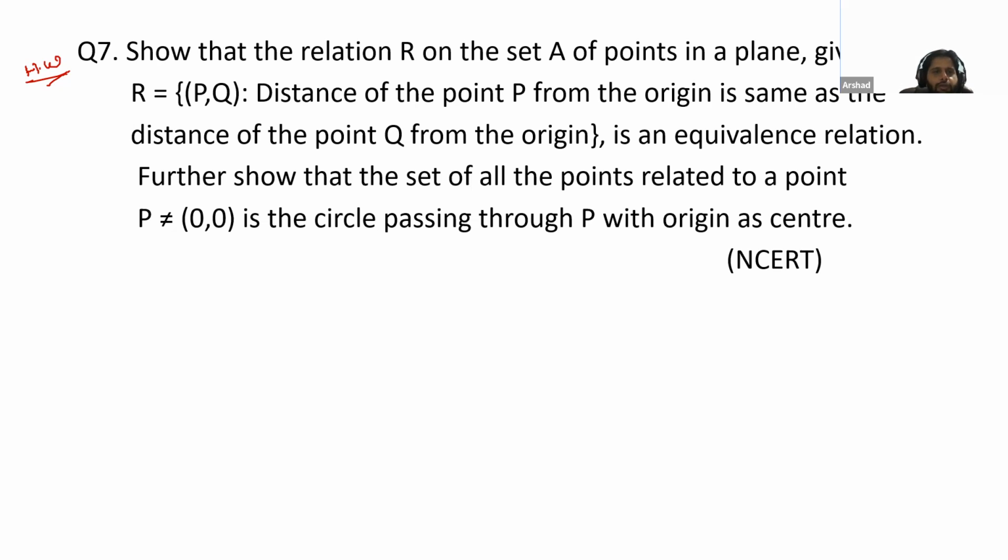Everyone, please raise your hand if you noted down this question. Then we will start the next. This question is homework.